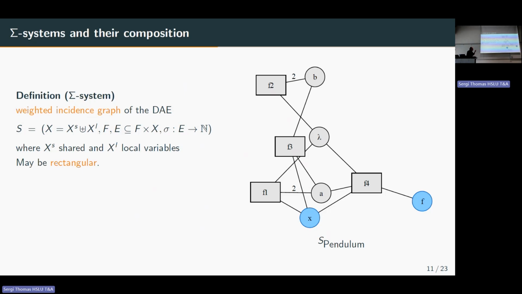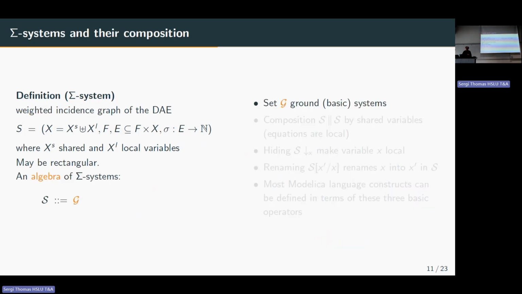The new ingredient is that now some variables are local variables and cannot be seen from the outside. Here we have only two shared variables, x and f, that can be seen from outside and that can be used to compose larger systems. We will use this partitioning between local variables and shared variables.